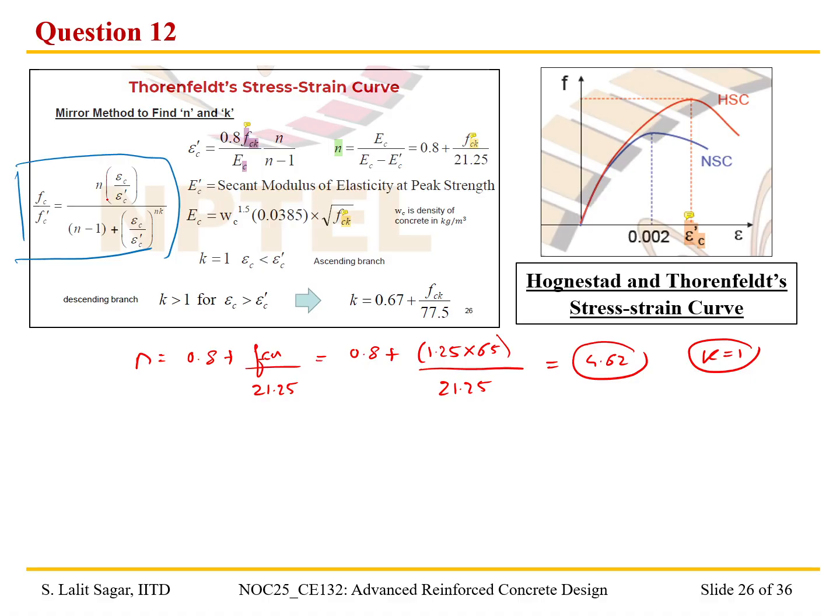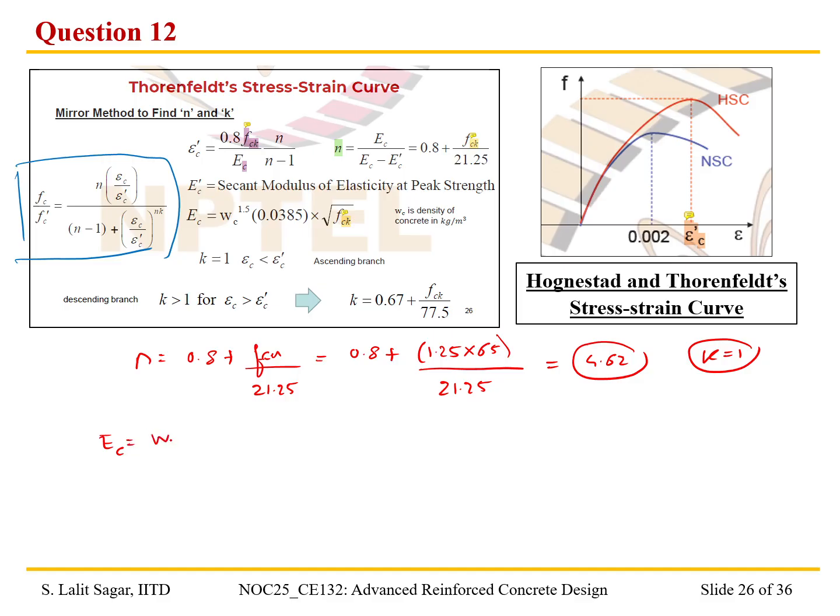To determine the value of epsilon prime c, we need to know the value of Ec, the elastic modulus of concrete. So let us find out the value of Ec.